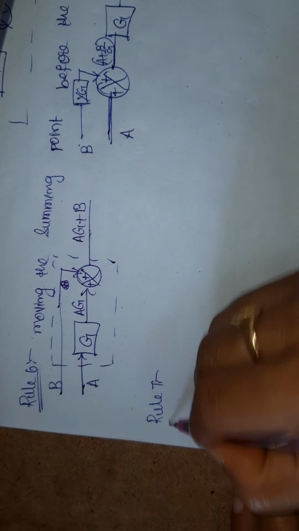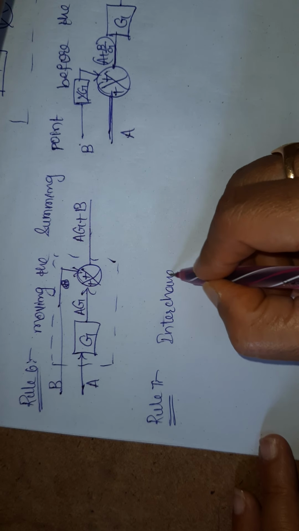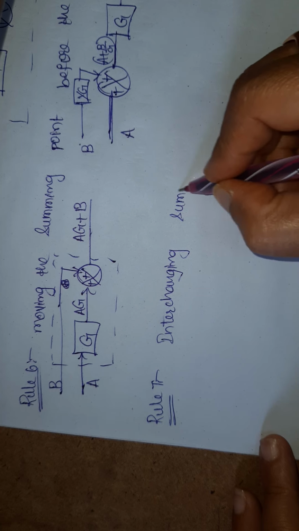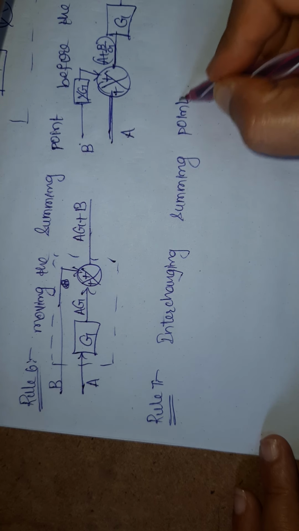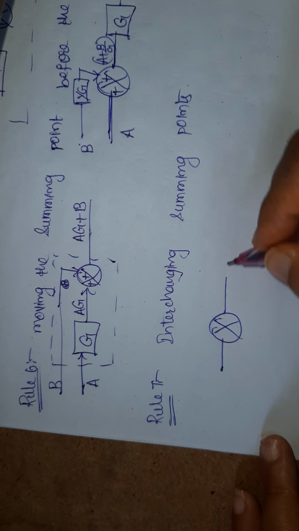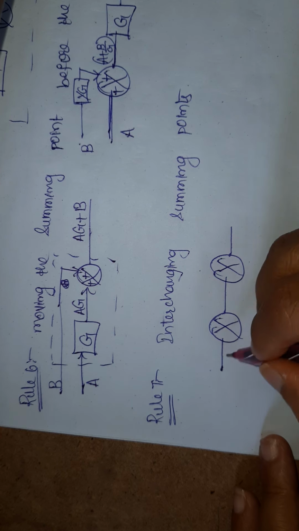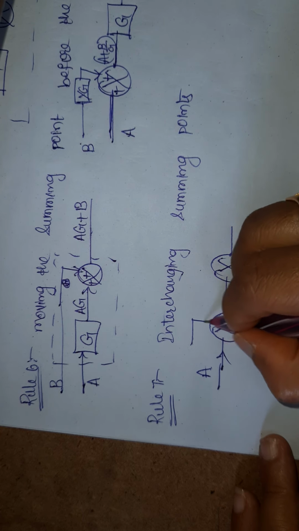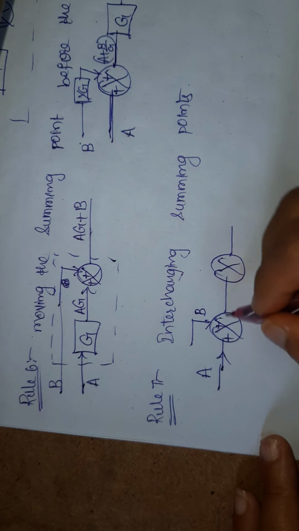Next, rule 7. Interchanging summing points. If I am having two summing points like this, here the input is A, and here I am having B. What is the output?